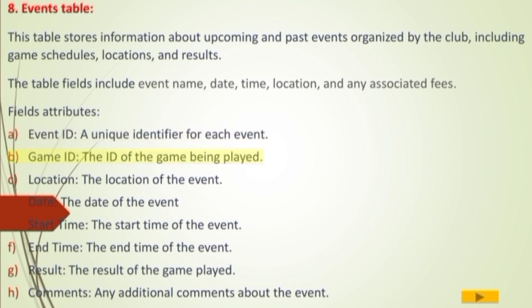B. Game ID, the ID of the game being played. C. Location, the location of the event. D. Date, the date of the event. E. Start time, the start time of the event. F. End time, the end time of the event. G. Result, the result of the game played. H. Comments, any additional comments about the event.